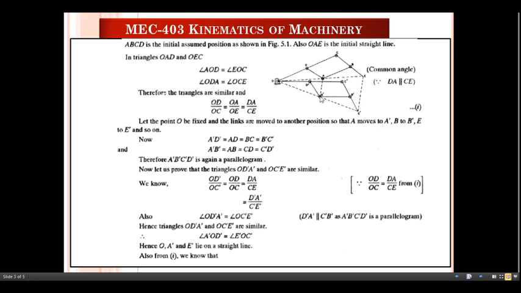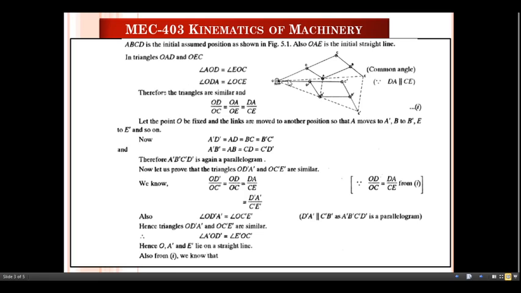So A dash D dash is parallel with C dash B dash or C dash E dash, as A dash B dash C dash D dash is the parallelogram. Hence the triangles OD dash A dash and OC dash E dash are similar.